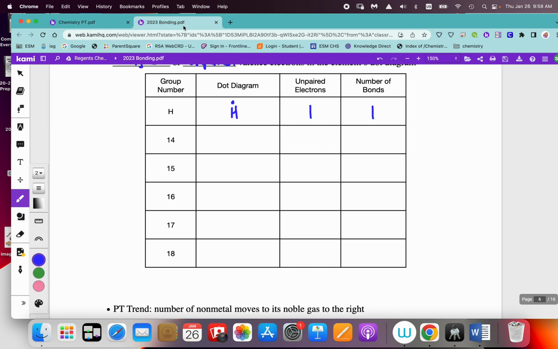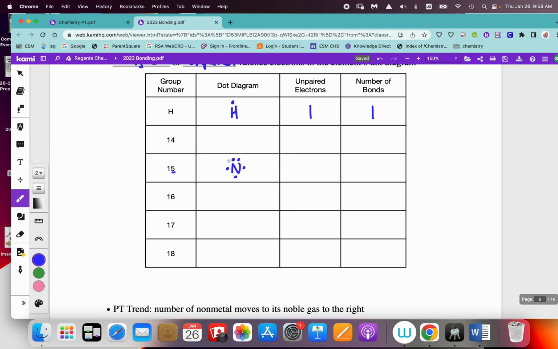So here we go. I'm going to draw this dot diagram for nitrogen. Nitrogen being in group 15, it has 5 valence electrons, so 5 dots. So electron 1, electron 2, electron 3, electron 4, electron 5.